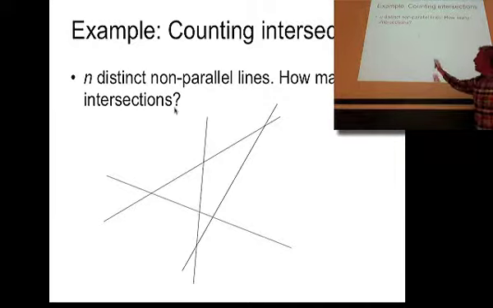So when n is 4, the answer is 6. That's the highest number of intersections that we can get. So I'd like you to think about how to define a function that computes, for any n, the maximum number of such intersections for n lines on a plane.